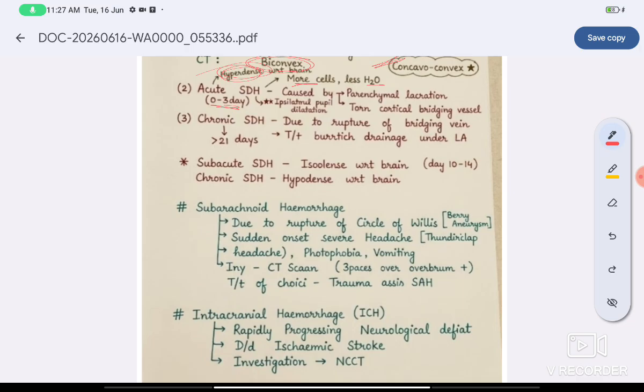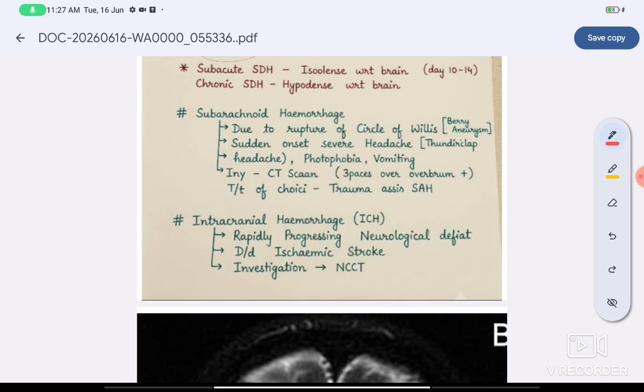Then it occurs by tearing of a bridging vessel. Coming to chronic SDH, again it occurs over a period of 21 days due to rupture of a bridging vessel. It is also managed by burr hole drainage under LA. Then there is subacute SDH, which is isodense, isodense with respect to brain. And then comes the chronic one, which is hypodense with respect to brain.